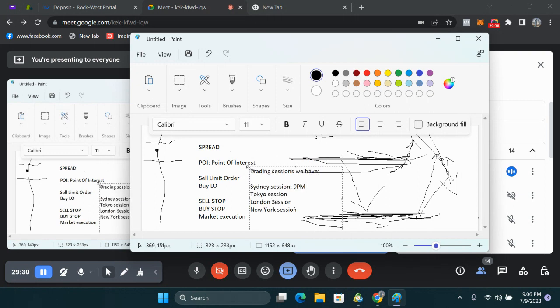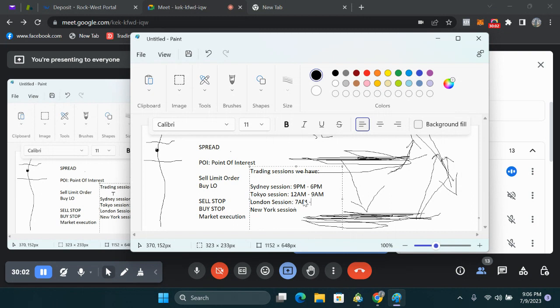Please, I hope you guys are seeing my screen. So the Sydney session opens by 9 p.m. to 6 a.m. Then the Tokyo session opens by 12 a.m. to 9 a.m. Then the London session opens by 7 a.m., which is 8 a.m. in Nigeria, so it's just like we are going for our 9 to 5.